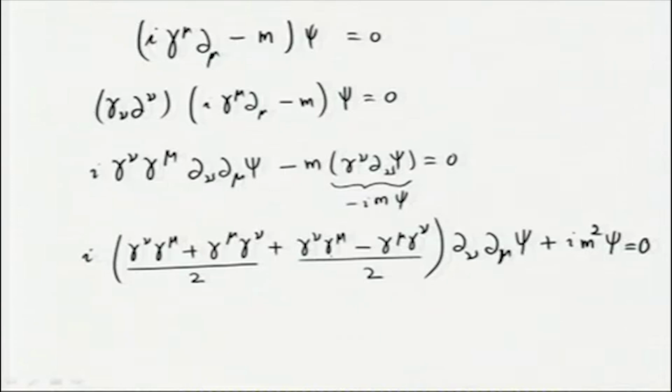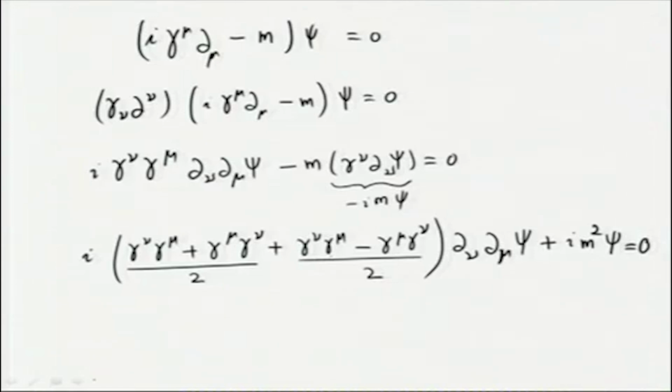Whereas the second part in the bracket, γ^ν γ^μ minus γ^μ γ^ν, is antisymmetric under the exchange of μ and ν. If I change μ to ν, the first term becomes the second term, but there is a minus sign there. So, the second term becomes the first term without a minus sign. So, this will pick up an overall minus sign when I change μ to ν and ν to μ. That is why we call it antisymmetric under exchange of the indices.